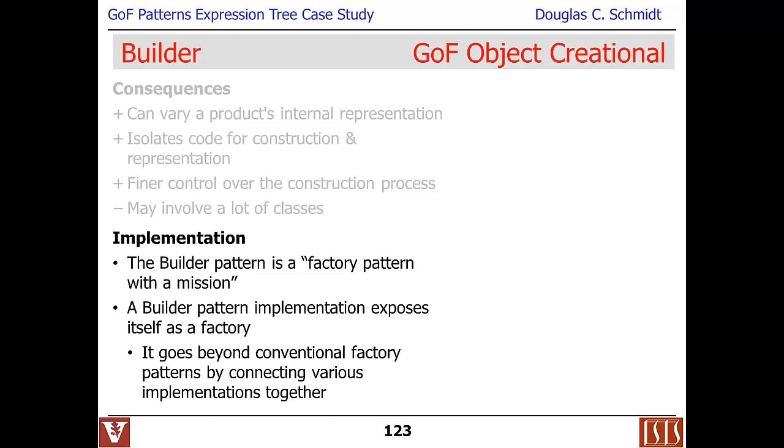You can think about Builder as a member of the creational pattern family. It's a factory, but a factory with a mission, and its mission is to build a composite, or not a composite, it could be an aggregate thing, a larger thing, as opposed to a typical factory. A typical factory just builds one thing. But this is sort of like a 3D printer, right?